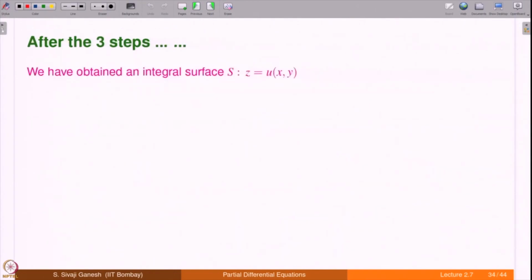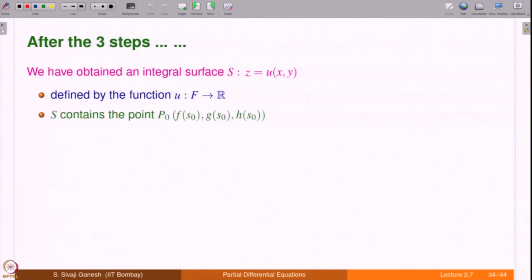After the 3 steps, we have obtained an integral surface defined by a function u from F to R. Of course, here we have used the inverse function theorem, that means existence to start with, and S contains this point P0, S contains a piece of the datum curve near P0.